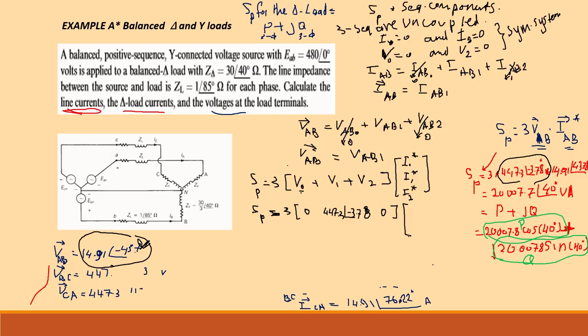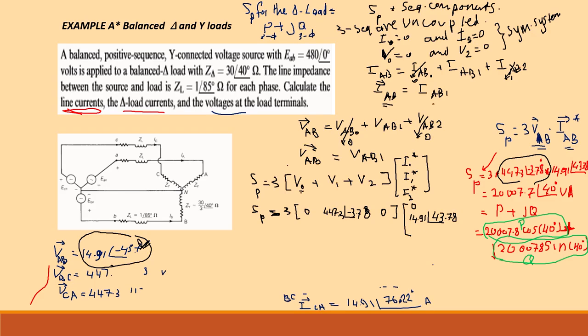Multiplied by the column vector: I naught, we said that it equals 0. I1, IAB1 is equal to IAB, and this is IAB conjugate, equal to 14.91 with an angle of 43.78.